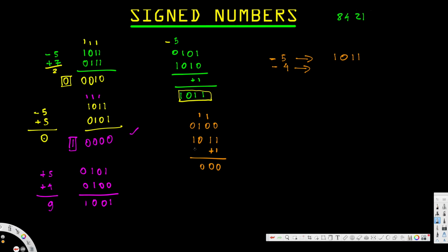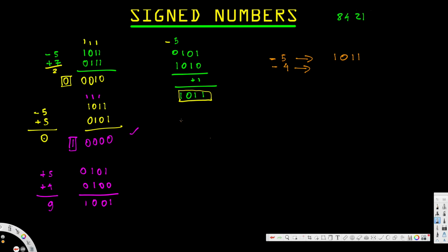Let's see if I am making any mistake here. 1 0 1 1 for -5. I had to do the -4 again to make sure I'm doing it right.